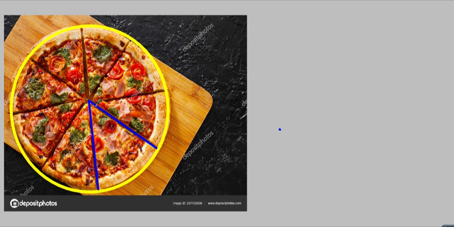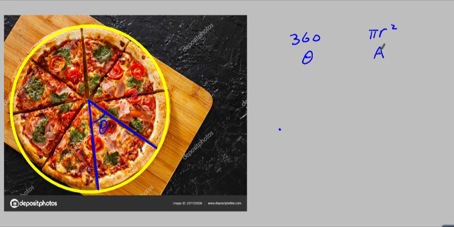Therefore, if we are to derive a rule, the full revolution of 360 degrees gives us an area of pi r squared. A theta at the center gives us a certain area of the sector.